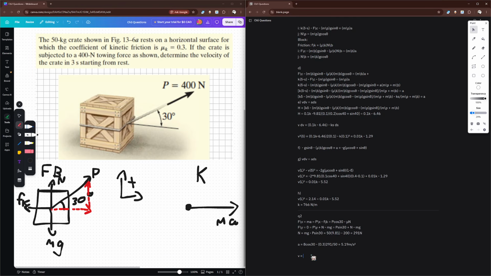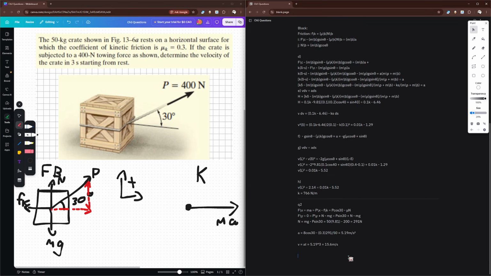So v is equal to at after 3 seconds. So it's equal to 5.19 times 3, which is 15.6 meters per second. And that is question 2. That's all there is to it.